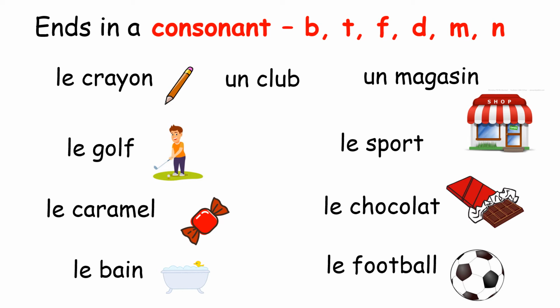Okay, and you can begin to pick out these words as you're learning them with your classes, and you can begin to see the patterns emerging as you go as well. But generally speaking, if it ends in a consonant, then there's a good chance that it will be a masculine noun. I've got some consonants listed up here as well, but that's not all of them.